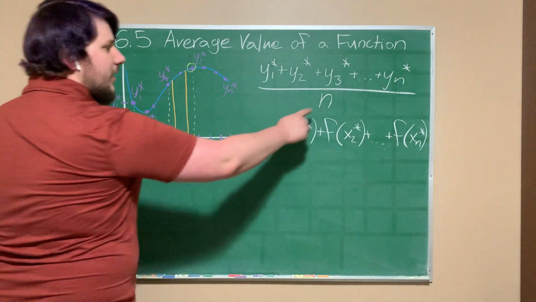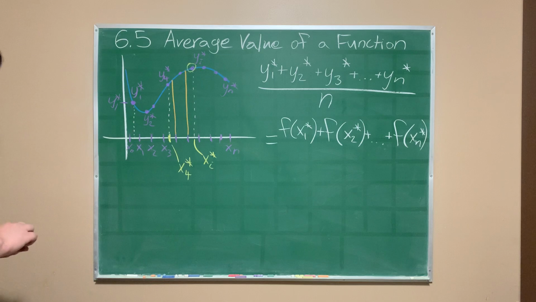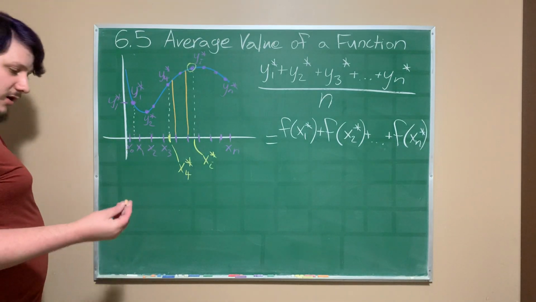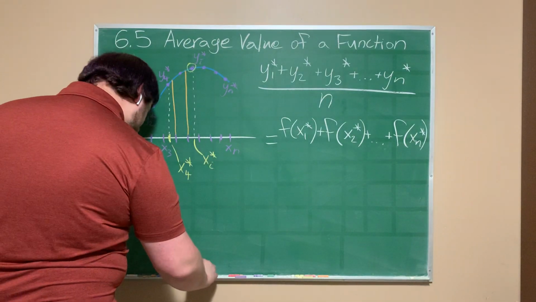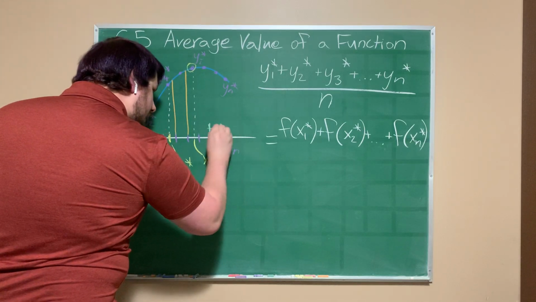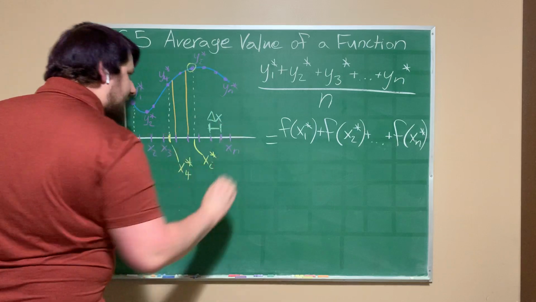And instead of writing n in the denominator, I'm going to make the following little algebraic substitution here. Again, we have these n subintervals here. We're going to call the length of each one of these subintervals delta x. So if you measure from here to here, you get delta x.